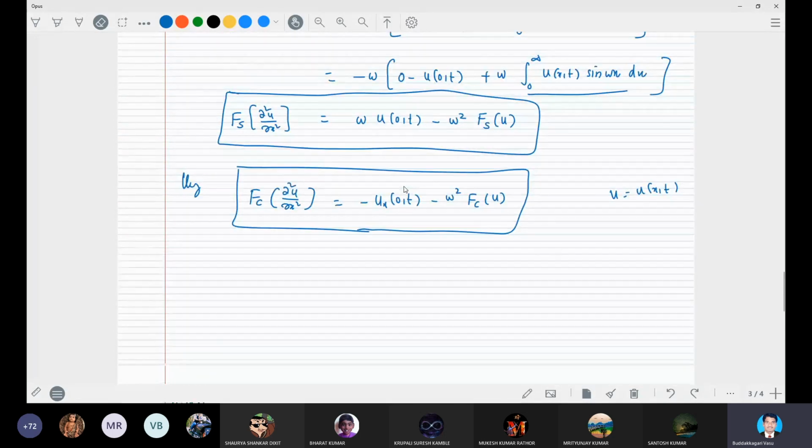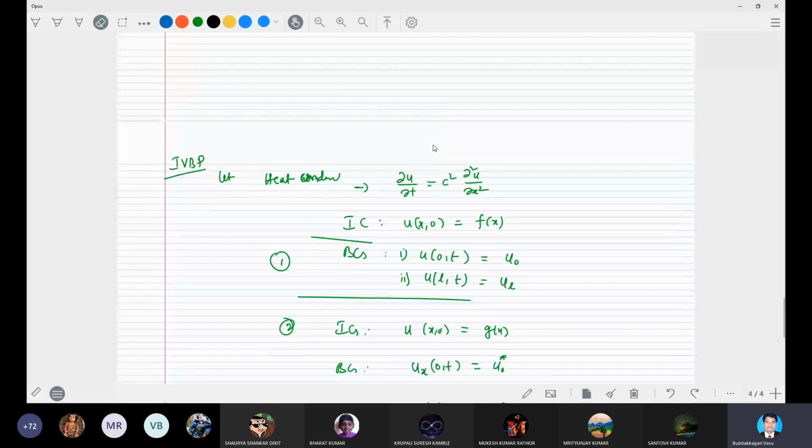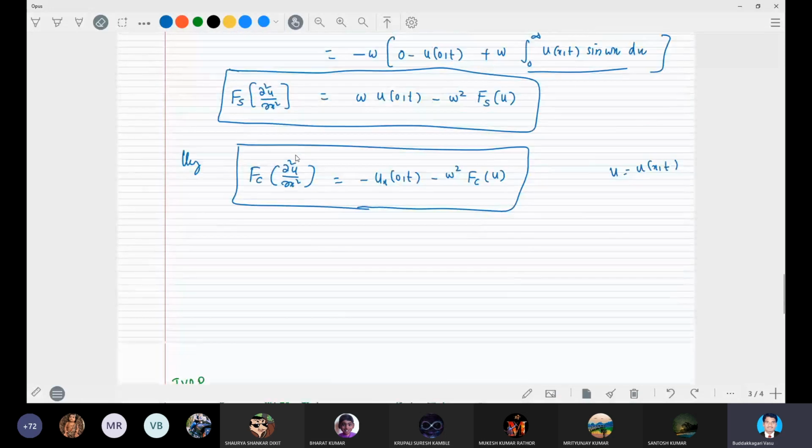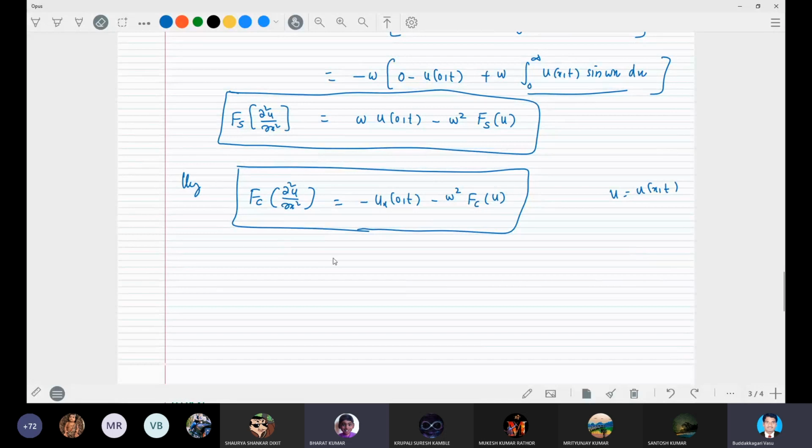Then what type of Fourier transform is applicable? Can anybody say? Should the Fourier sine transform be considered or the Fourier cosine transform? Fourier cosine transform, yes, very good.